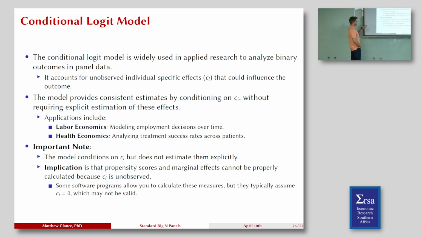You can do that and get estimates on the conditional Logit for the variables of interest, but the implication is that the propensity scores and the marginal effects cannot be properly calculated by the usual steps that you're familiar with. There are ways of doing this, but I'll tell you the methods are very complicated.